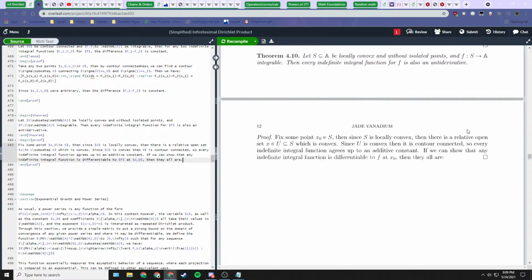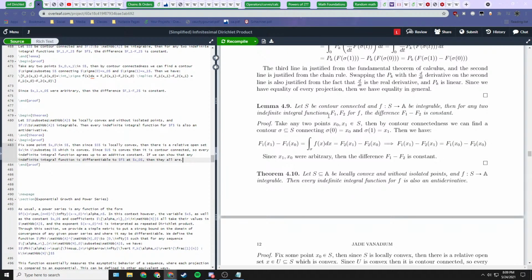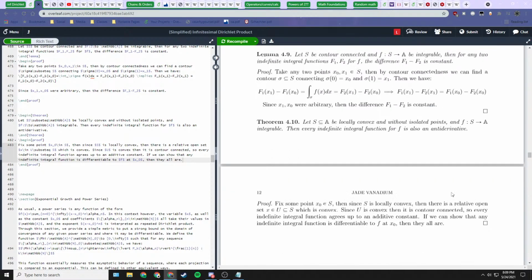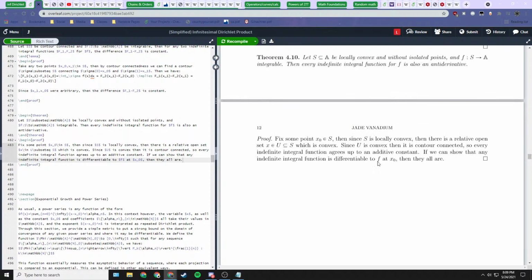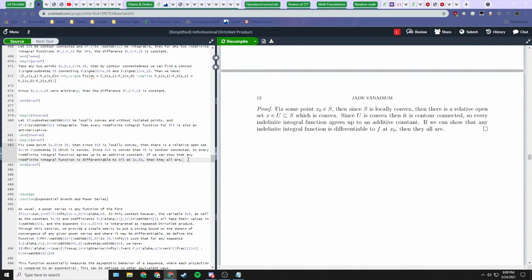So we're going to use this lemma, this fact that the difference between two indefinite integrals is constant. The derivative of a constant is 0. So we're going to show that if we can find one indefinite integral that differentiates to f, then they will all do that.